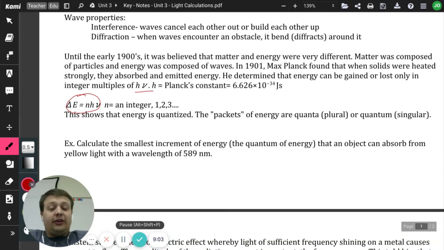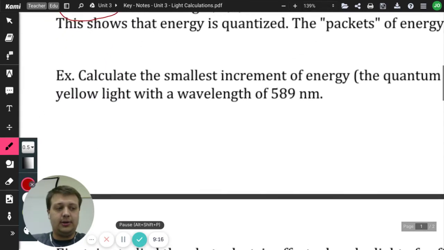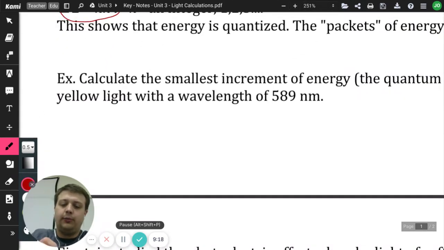Now, let's actually solve a problem that he would have had. So it says calculate the smallest increment of energy, so quantum of energy, that an object can absorb from yellow light with a wavelength of 589 nanometers. Okay, so we know that our change in energy equals the integer times Planck's constant times my frequency.